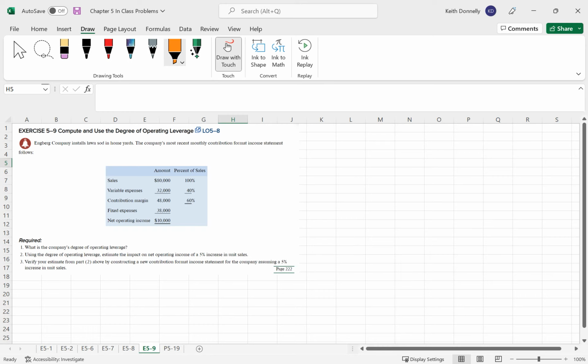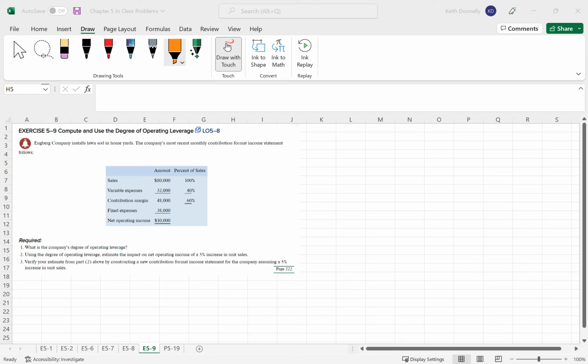All right, let's look at E59. So this one here, right, they're telling us a company, they install lawn sod in home yards. Company's most recent contribution format income statement is as follows. Okay, we can see it breaks out sales, variable expenses, fixed.